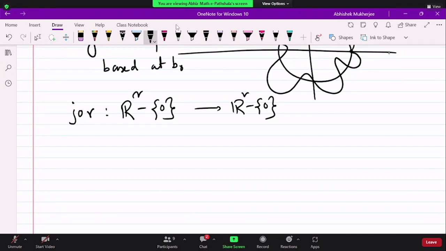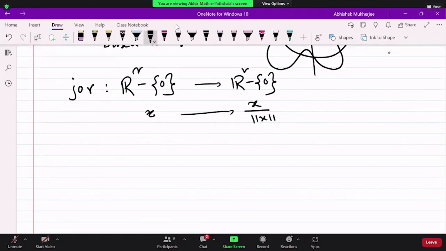So taking each x from the punctured plane to the unit vector along the line joining 0 and x, right? That means this takes x to x by norm x. And this is a continuous map. And another map that you can think of is the identity map, right? The identity map.